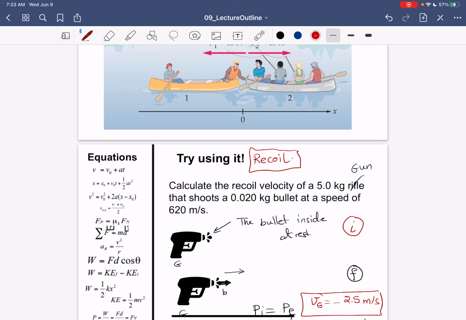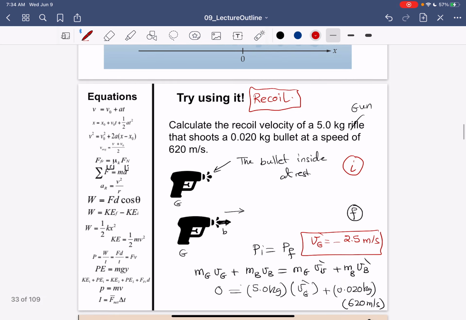The bullet is going to go in one direction, and the gun is going to recoil. One of the most important things is how to control that recoil. This is the reason why the weapon is heavier than the bullet, so that it will not recoil. If it were very light, it would recoil with maybe the same velocity, which is of course not recommended.